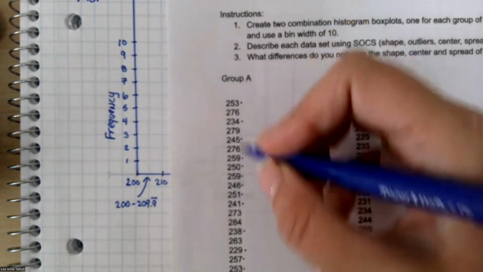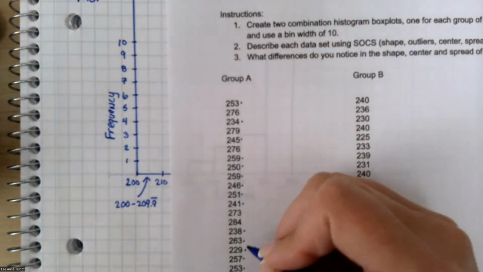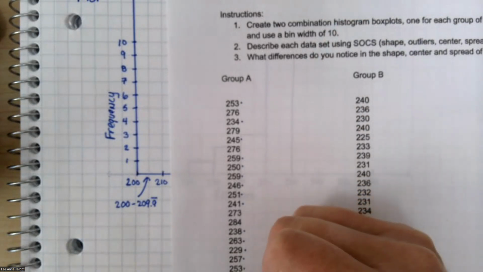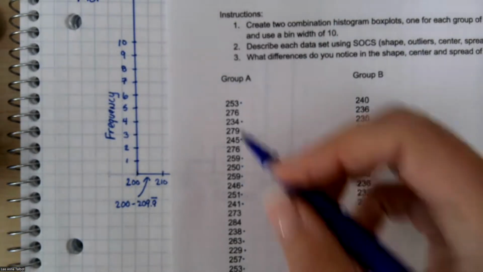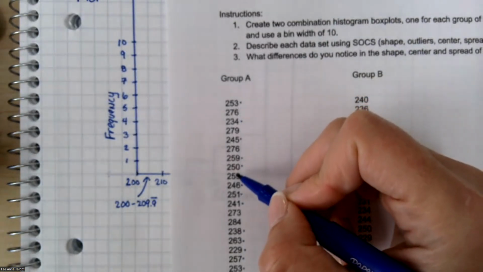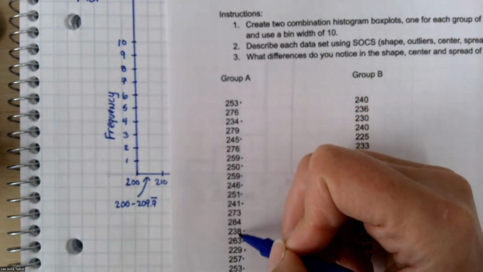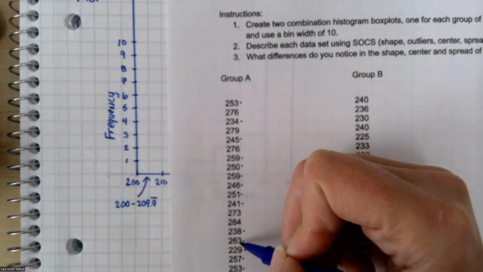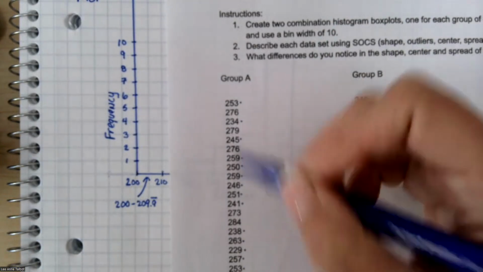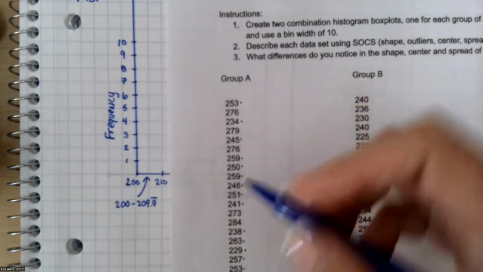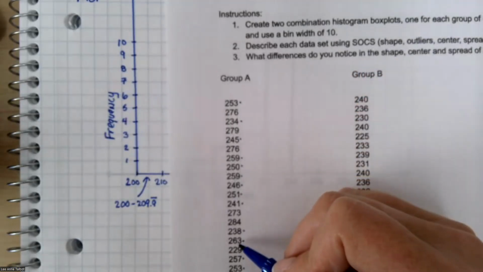60s. 1, 2, 3, 4, 5. 1. Is there really only 4?